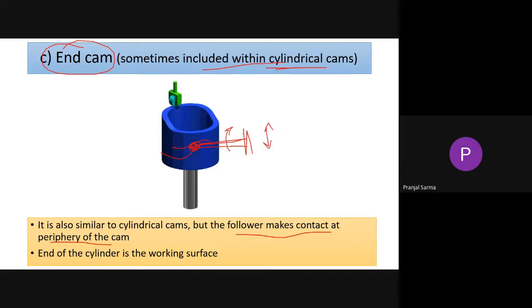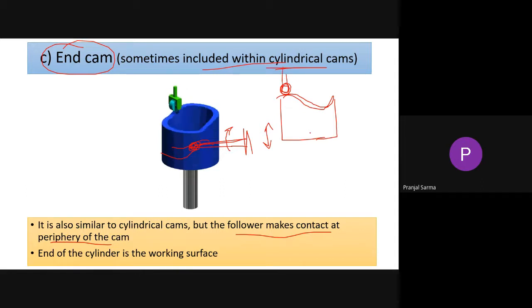In the previous case, now you can see here the peripheral shape of this particular cam: we have made the contour on the periphery of it. Let's consider this periphery being cut like this, and we are giving a certain contour here, and the follower is attached on this periphery of the cam.